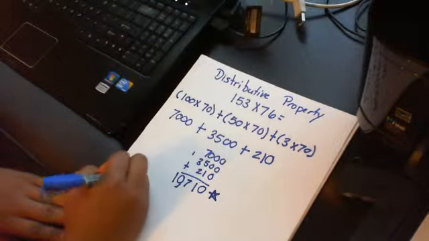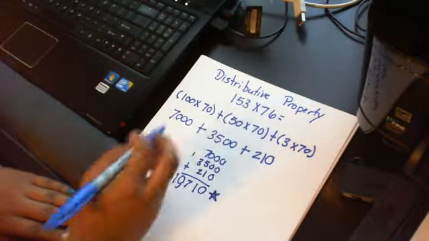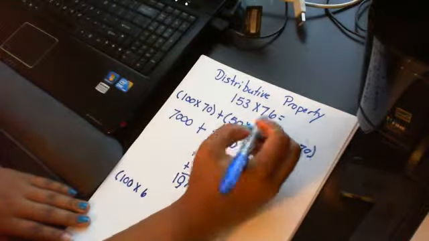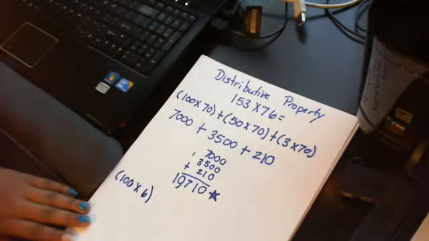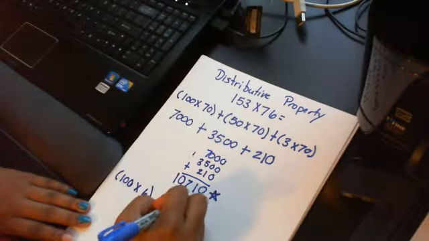So I get parentheses 100, because this is 1 and there are 2 numbers behind it, times 6. And there's nothing behind that 6, so it'll just be times 6, plus 50.